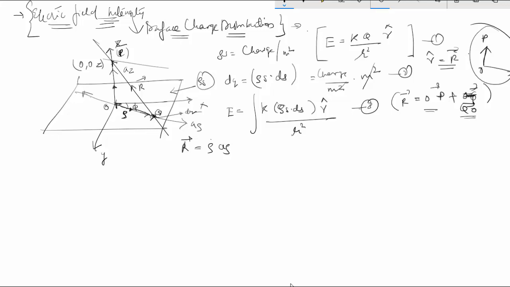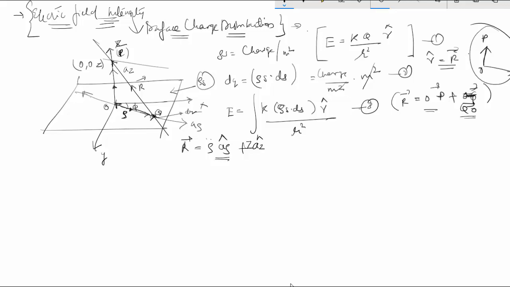What you need to take care of here is that this is again my r vector, and I'm summing it up with my QO vector. So what is my QO vector here? My QO vector is rho a rho plus the OP vector, which is z a z.